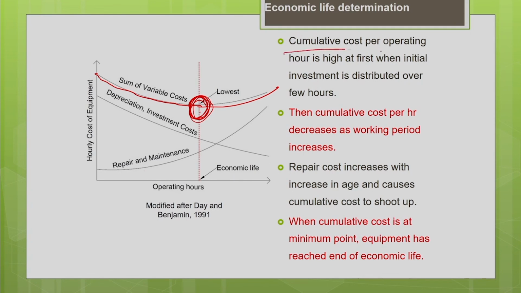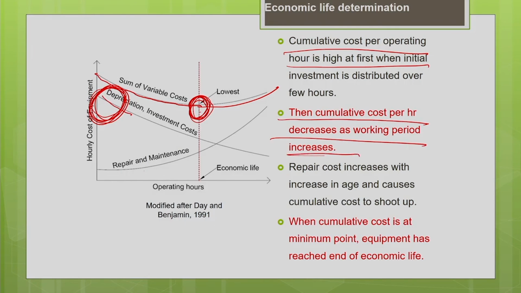The cumulative cost per operating hour is high at first when the initial investment is distributed over few hours. Then the cumulative cost per hour decreases as the working period increases.